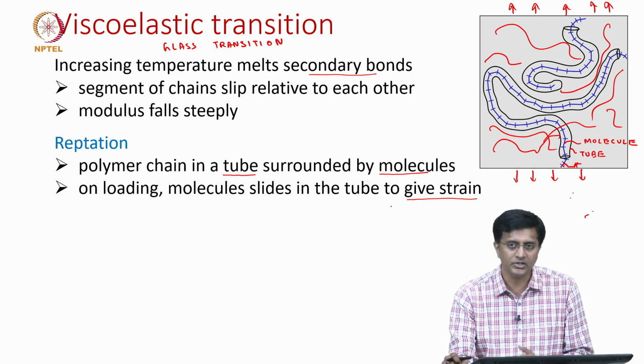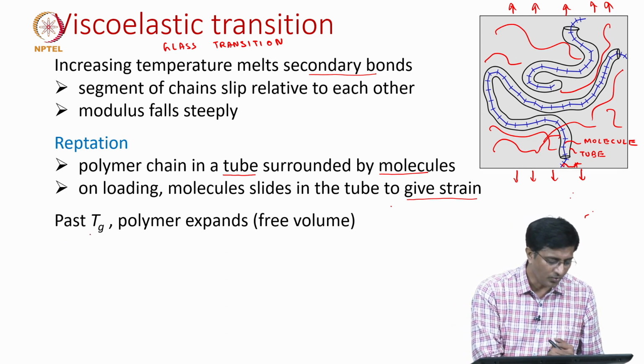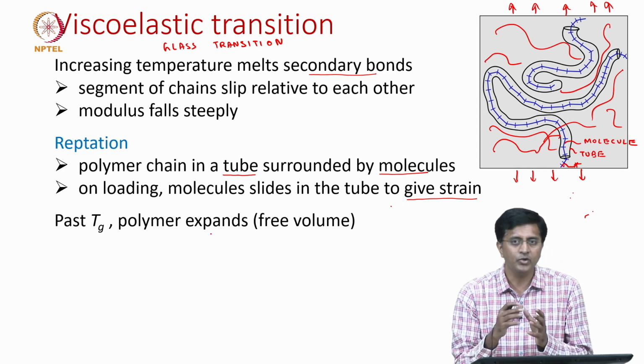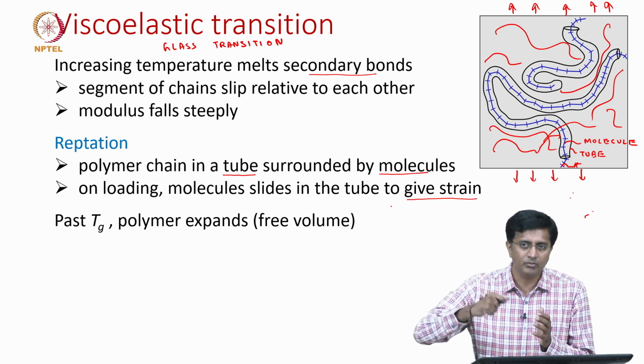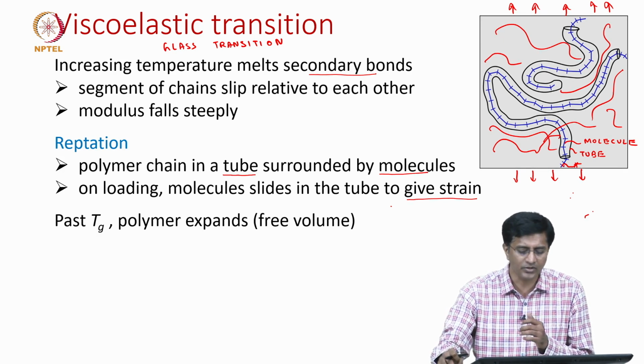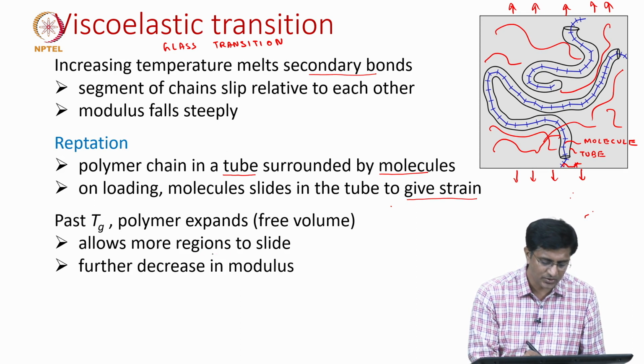The majority of the strain comes from the fact that when we go above the glass transition temperature, the free volume increases. What is free volume? This is the additional volume because of the jiggling of these carbon chains or the molecular chains. Now that we have this free volume, what happens? It allows the regions to slide.